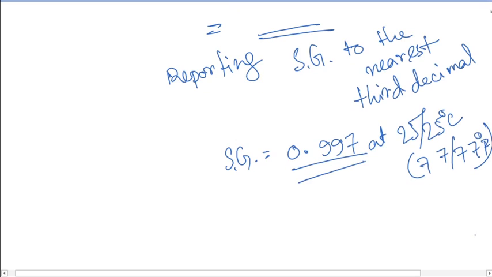I'm not going to lengthen this lecture further, but I just need to say something. There are some other specifications: if you are conducting two simultaneous tests in the same laboratory, the two test results for the same sample should not vary beyond certain limits, which are given for each type of semi-solid bituminous material according to ASTM.